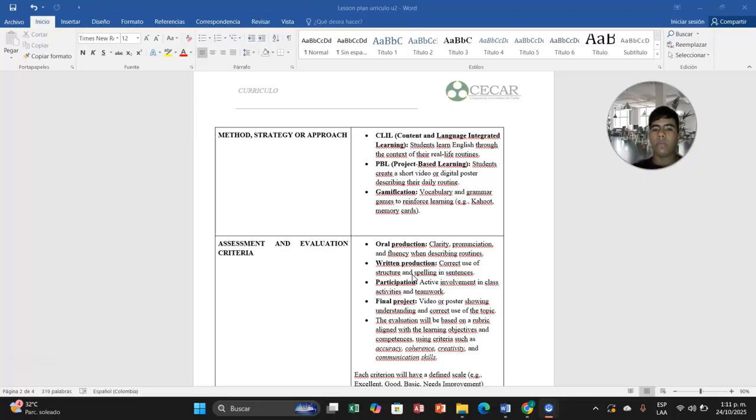We have the next one, which is project-based learning. Students create a short video or digital poster describing their daily routine, which is a way to practice that. The last one is gamification: vocabulary and grammar games to reinforce learning, like Kahoot, memory cards, etc. There are different ones, by the way.